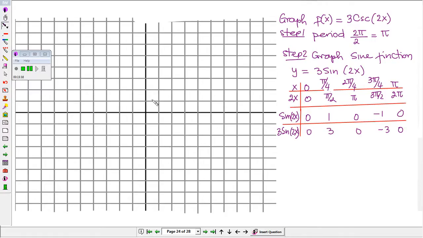Next step, we go ahead and plot the 5 points.